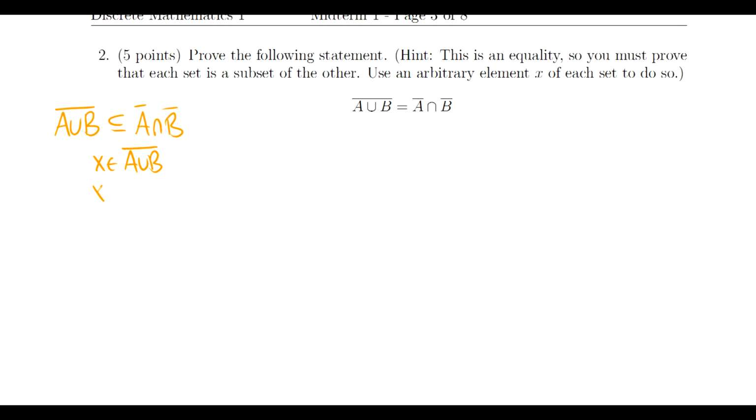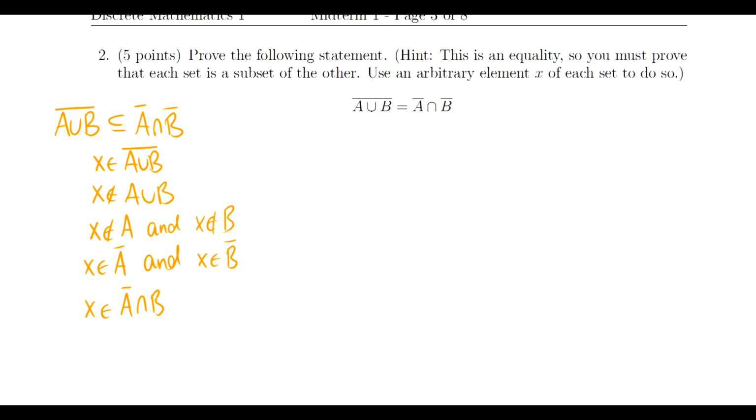So that means that x is not going to be an element of A union B. Okay, so if x isn't in A or B, then we know that x is not in A, and we know that x is not going to be in B. Which means that x is going to be in the complement of A and x is going to be in the complement of B. So we know that x is going to be in the complement of A intersection the complement of B. So because x is in the complement of A union B, x is going to be in the complement of A intersection the complement of B. So that is one way.